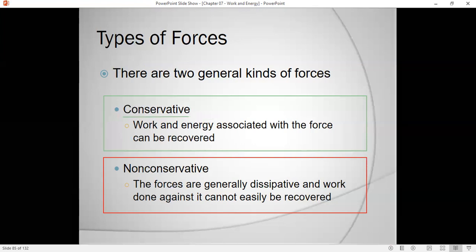Whatever mechanical energy you started out with, you're going to end up with. Non-conservative means we've either introduced energy from a different source than mechanical source, or we've converted some of the mechanical energy into a non-mechanical form. Non-conservative forces would be things like forces from engines, forces from friction.